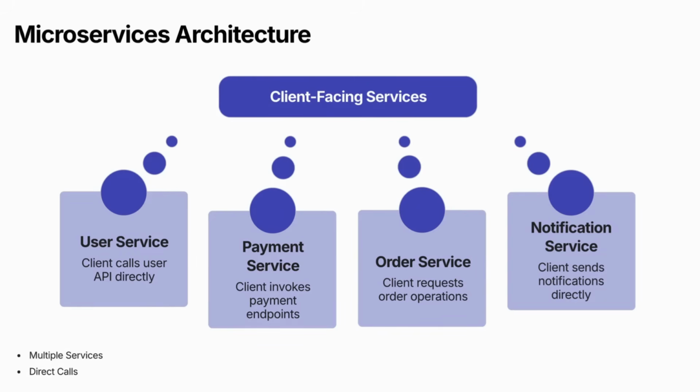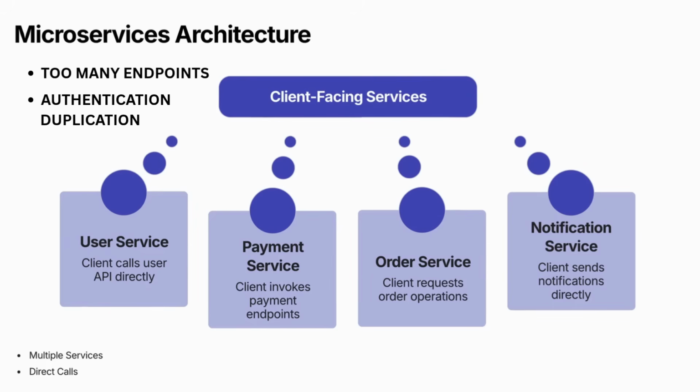Problem number one that you'll face is too many endpoints, because the front end is managing multiple URLs. Second problem, authentication duplication. When the front end calls user service, authentication will take place in the user service. When it calls the order service, again authentication will take place in the order service. So authentication logic is becoming duplicated. Third problem is security exposure.